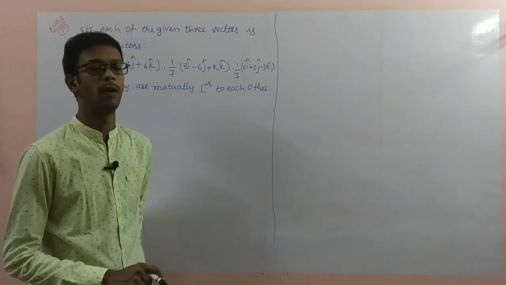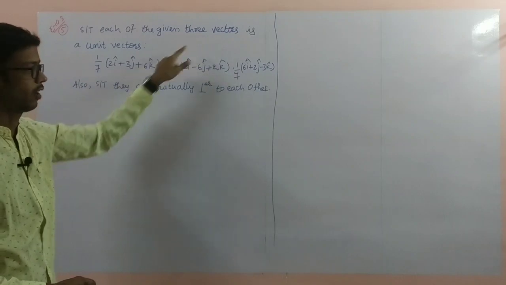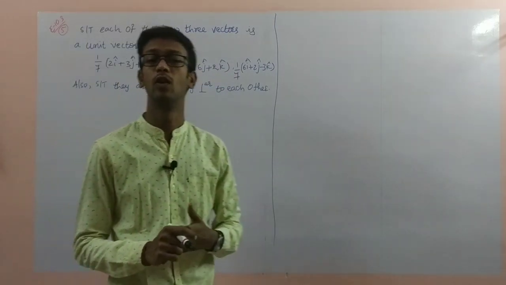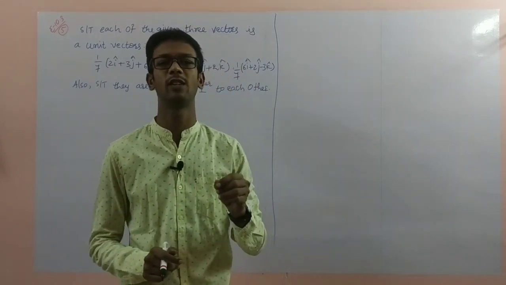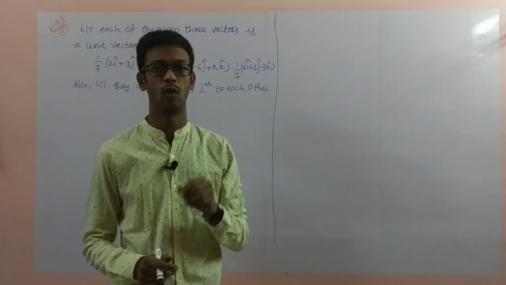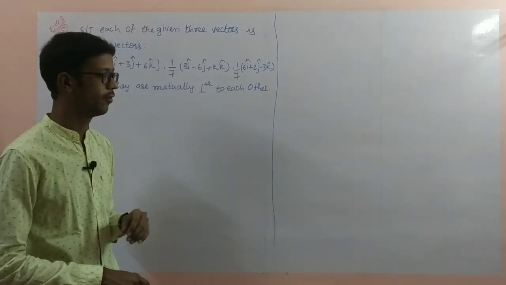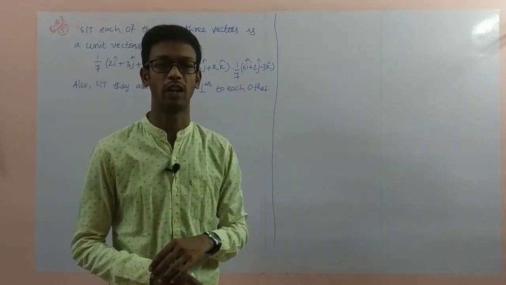Next, problem number 5. Show that each of the three given vectors is a unit vector. First condition, unit vectors: unit vector means the magnitude should be equal to 1. So first you have to find the magnitude of each vector; if it is equal to 1, then the three vectors are unit vectors.